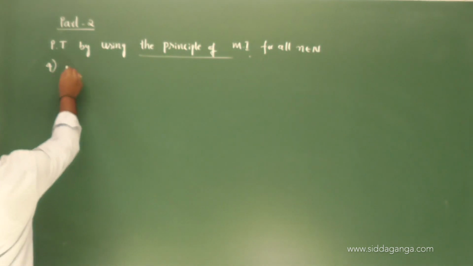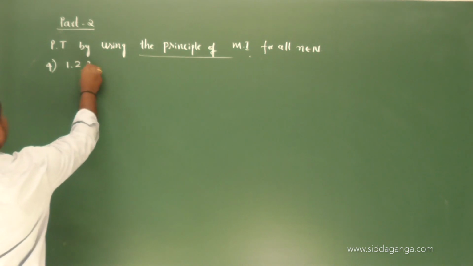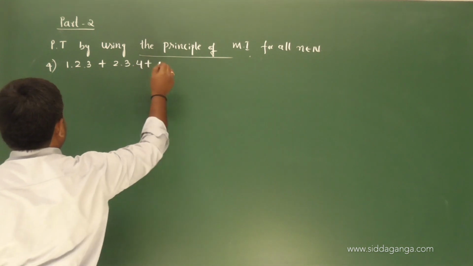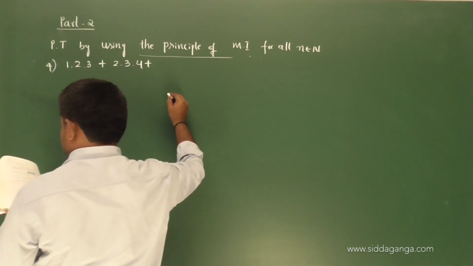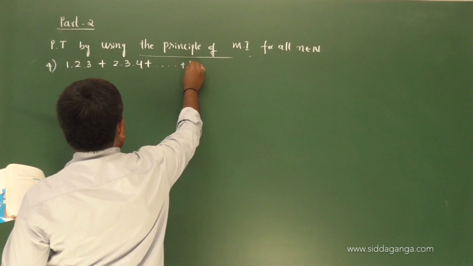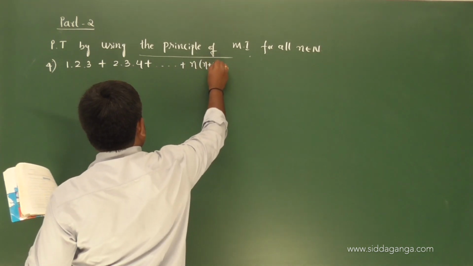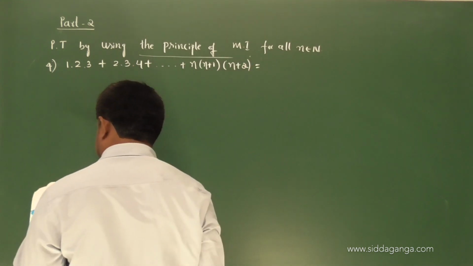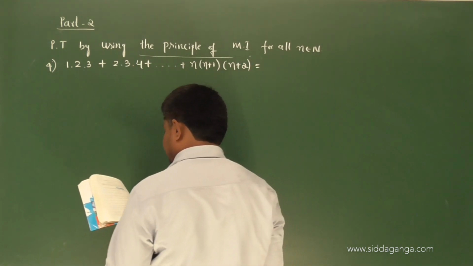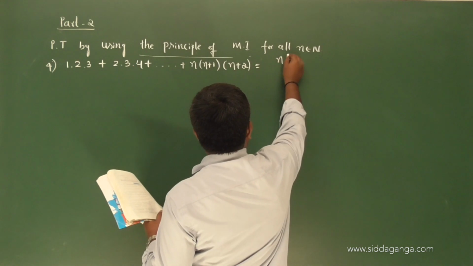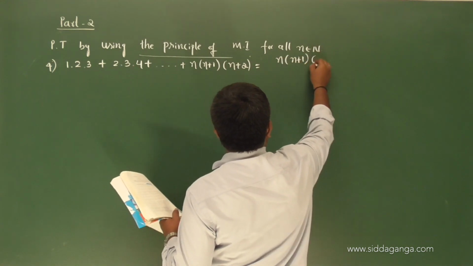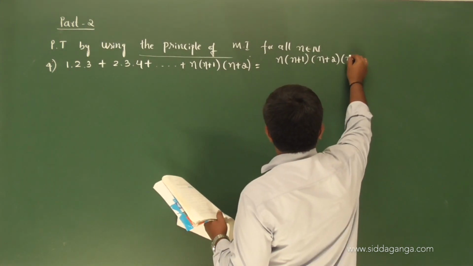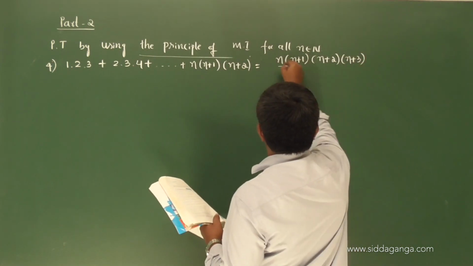1 into 2 into 3 plus 2 into 3 into 4 plus, and so on, n into n plus 1 into n plus 2, is equal to n into n plus 1 into n plus 2 into n plus 3 by 4.